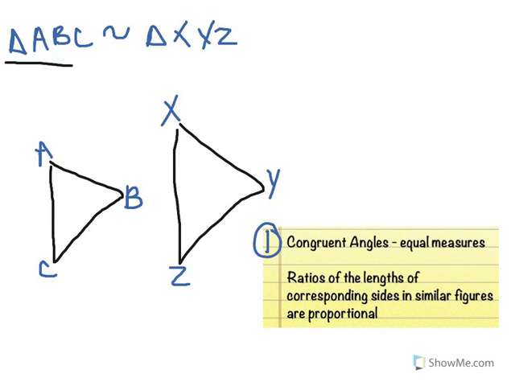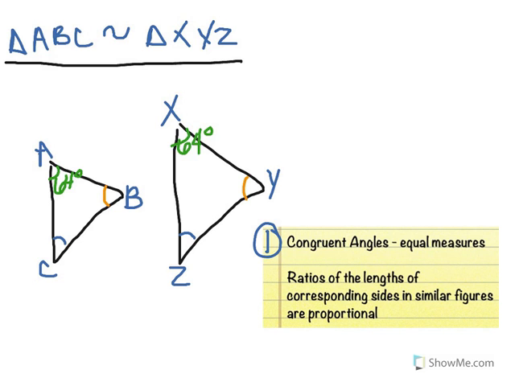Okay, this reads, triangle ABC is similar to triangle XYZ. And this first condition is that it has congruent angles. So this angle A, if it was 64 degrees, this angle X would be the exact same. Also, whatever angle C is, Z would be equal, and B and Y would be equal also.